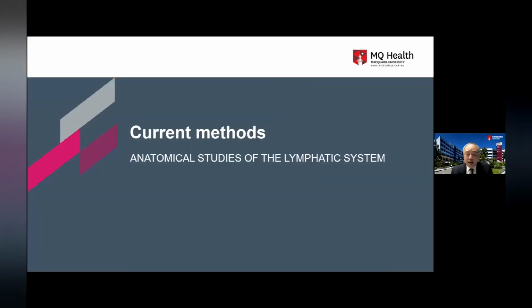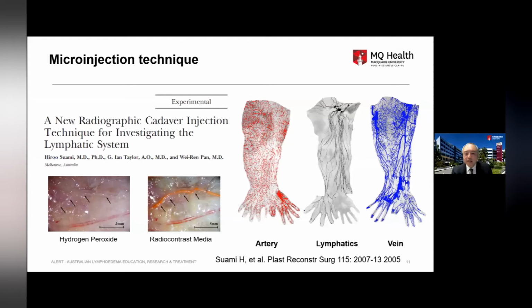So I started the anatomical study of the lymphatics in 2001, and I published in PRS in 2005. I found that hydrogen peroxide, a very simple material, could be very suitable to demonstrate the lymphatic system in the cadaver specimen. After injecting hydrogen peroxide into the cadaver specimen, it produces fine oxygen bubbles.